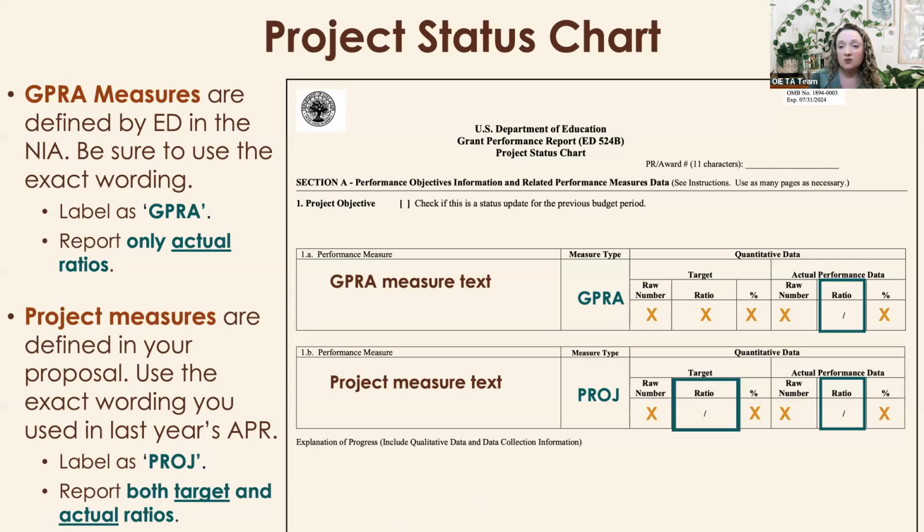Remember, you need to use the wording that you have used in your past APRs. That can't change year to year. If you don't have access to your APR from last year, let us know. We can help you gain access to that. For those measures, you're going to mark PROJ, and then you're going to actually report both your target and your actual. So slightly different between those 2 different types of measures.